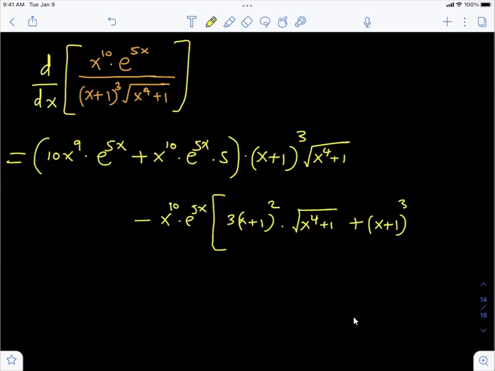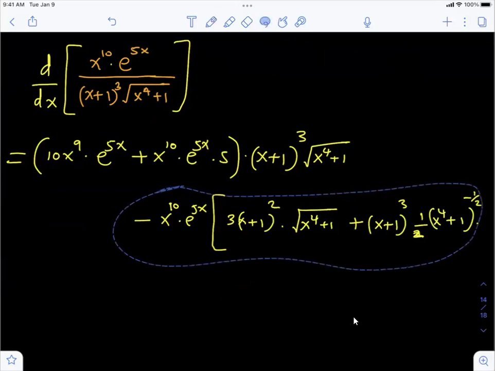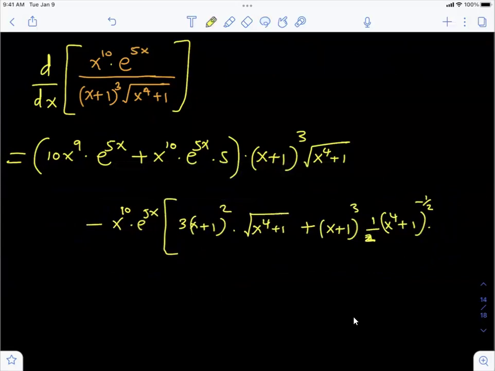The derivative of this component is none other than 1/2 times (x to the 4th plus 1) to the negative 1/2 times 4x cubed, as the derivative of the inner function.